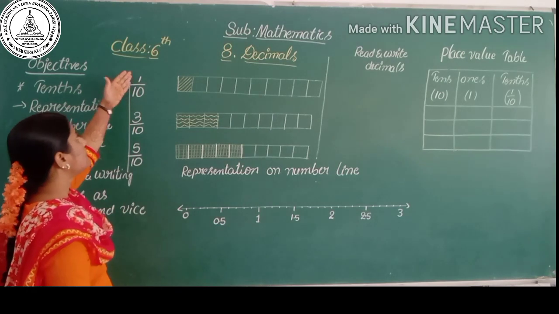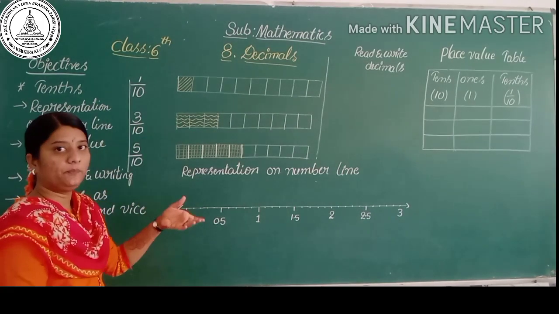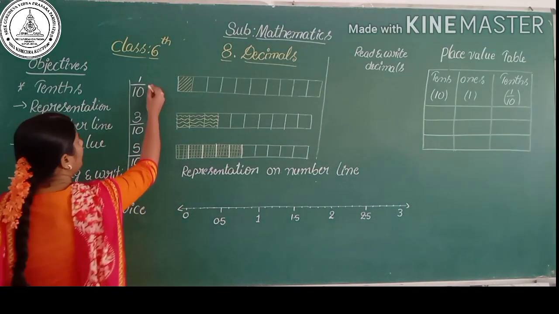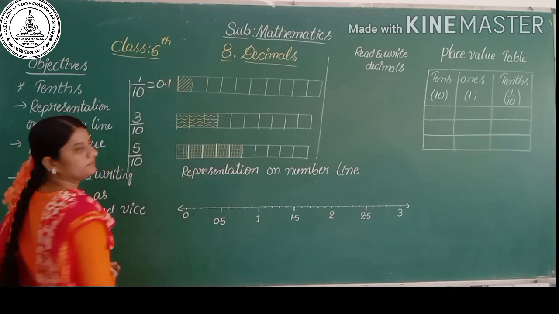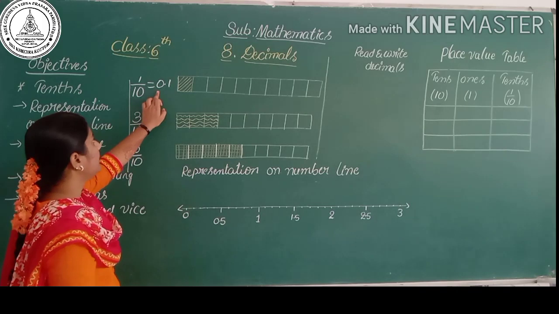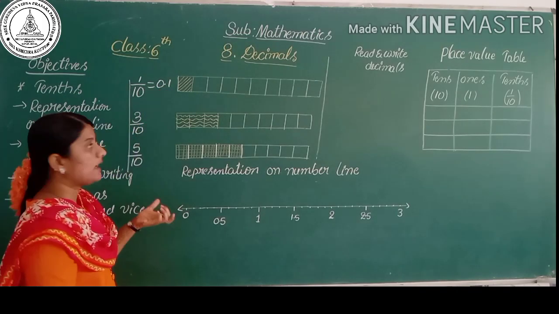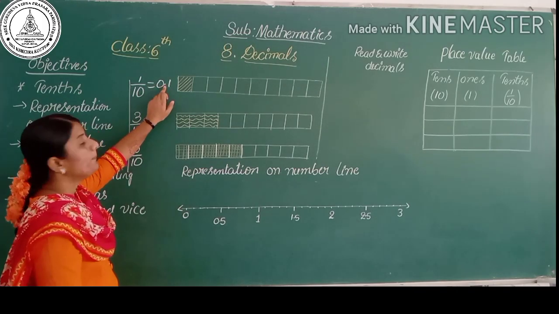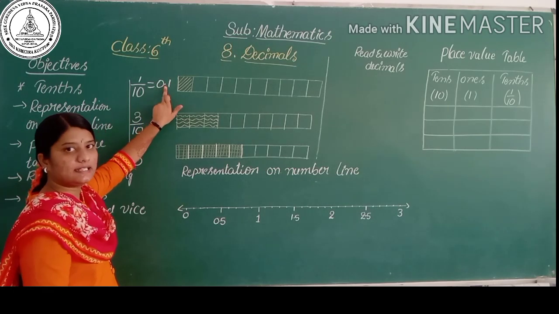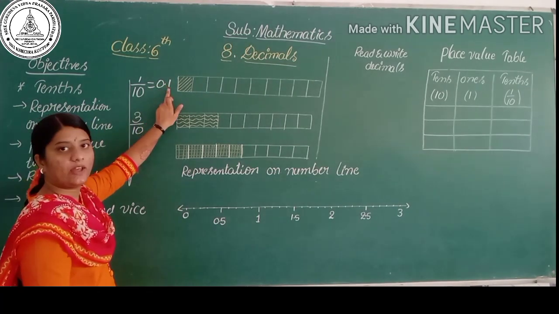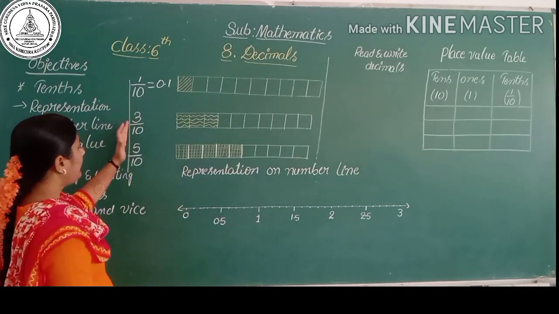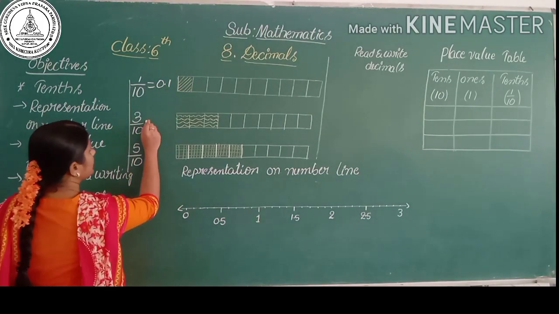Yes, how can you write this 1 by 10 as a decimal number? Yes, you can write here 0.1, or we can also say 0 point, we can say it as decimal point. Okay, so 0 decimal 1. Then similarly write the second fraction in decimal form.